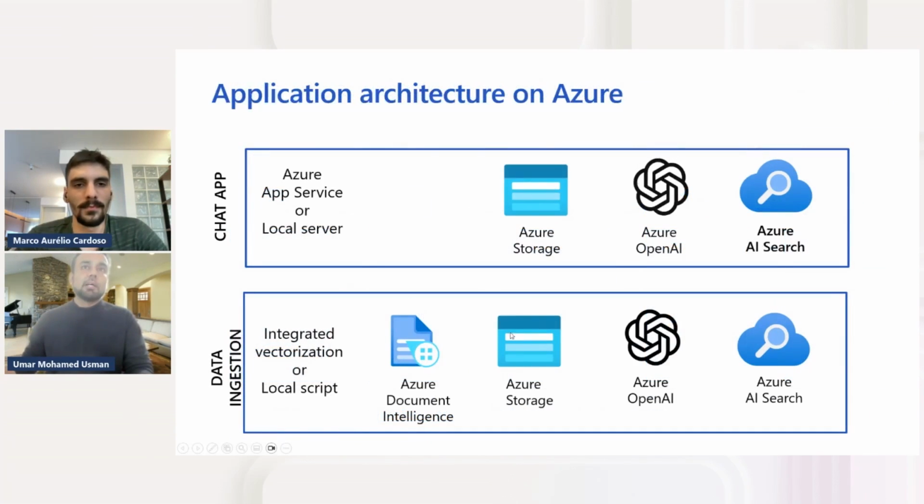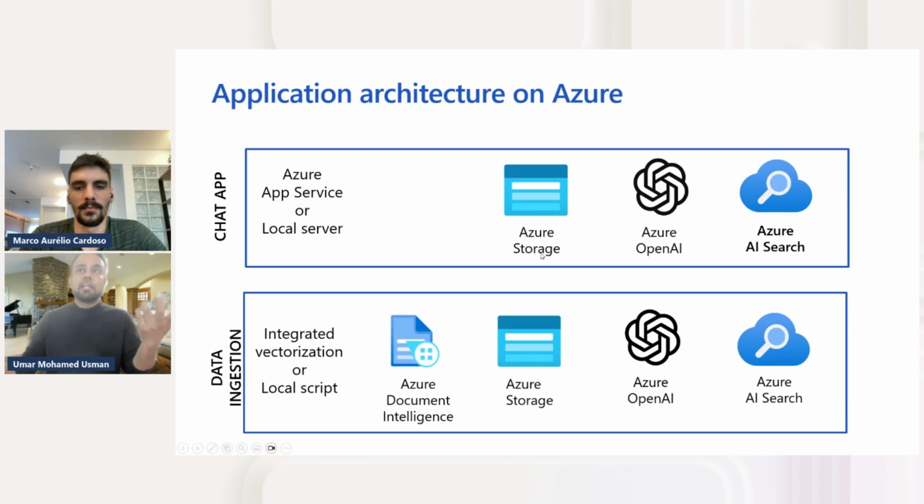This just shows the services we will be leveraging when we are building a chat app to chat with your unstructured data. We definitely need storage to upload your PDF, Word, Excel, PowerPoint files, and all of that.